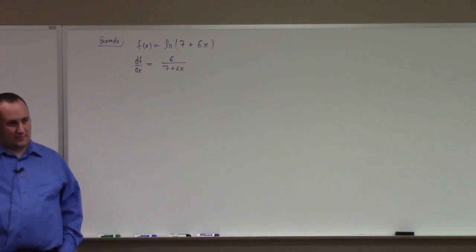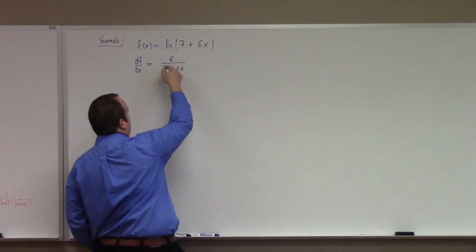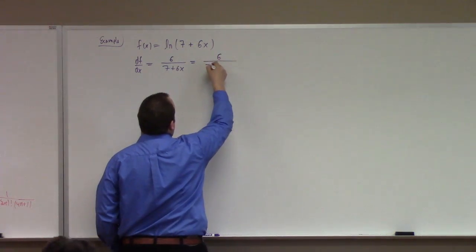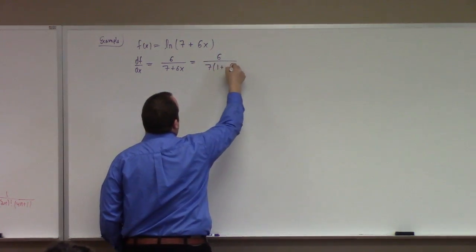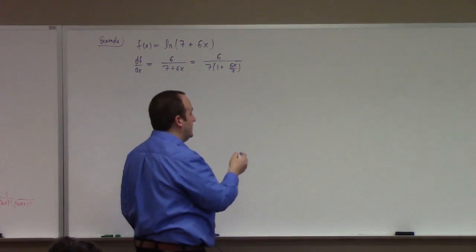And then, okay, well that's not quite what I want, because I want a 1 here, right? How do you make a 1 there? Well, factor out the 7, right? And then I'm like, yay.